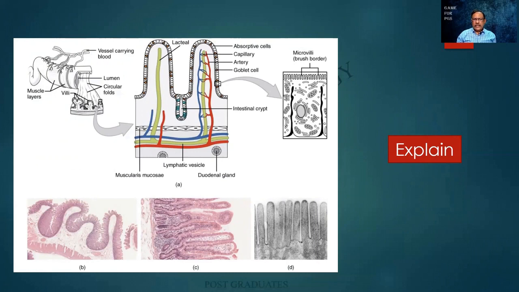And the cells on the surface of the villi will be either columnar or they will be goblet cells. Towards the large intestine, there will be a greater amount of goblet cells, and towards the small intestine, there will be the columnar cells.